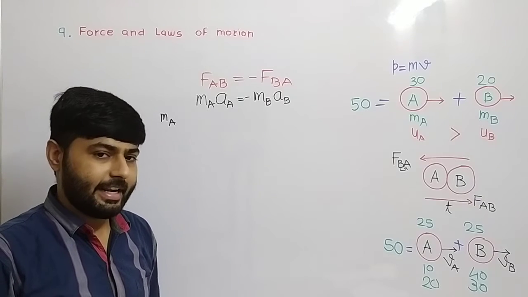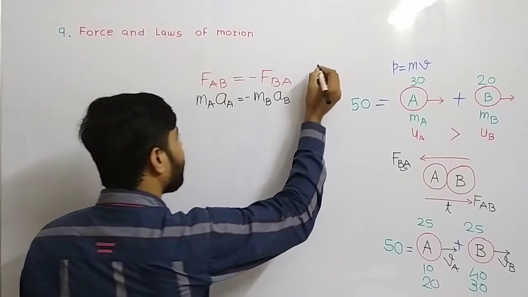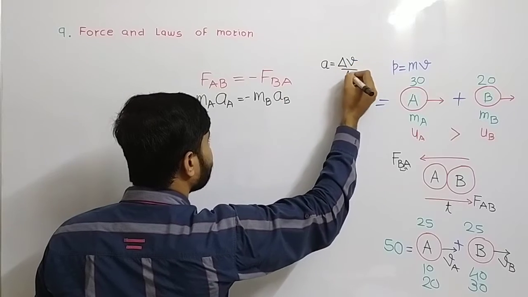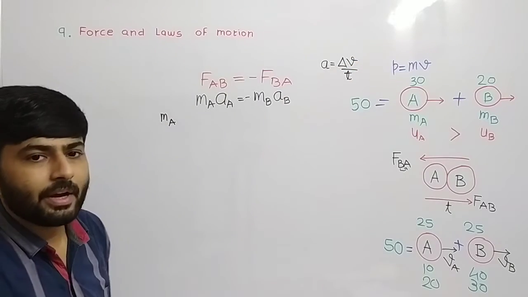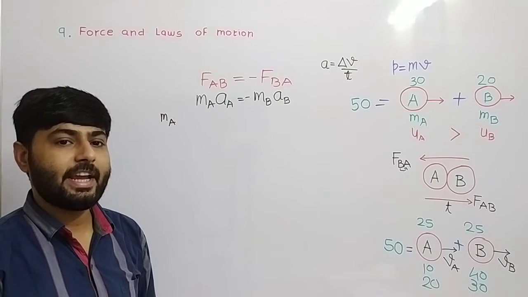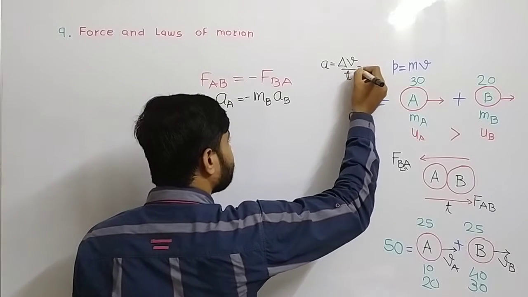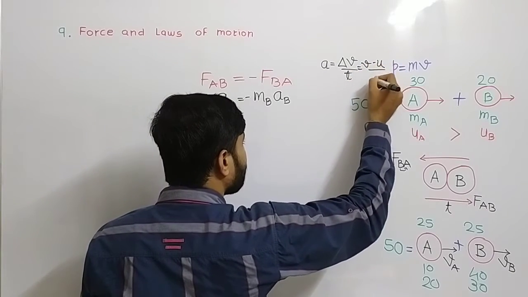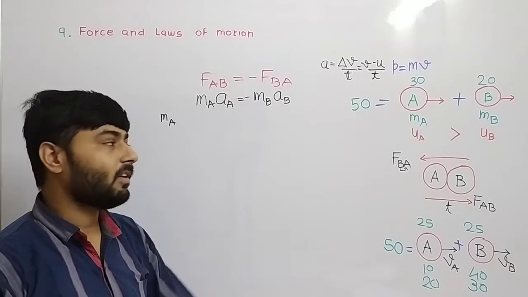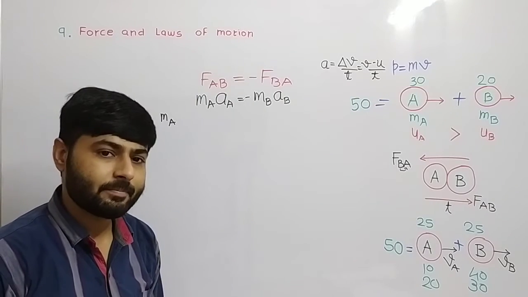Acceleration is rate of change of velocity, and I can write a is equal to delta V divided by T. I hope now you remember what delta V is. Delta V is change in velocity, that we can write as V minus U divided by T.